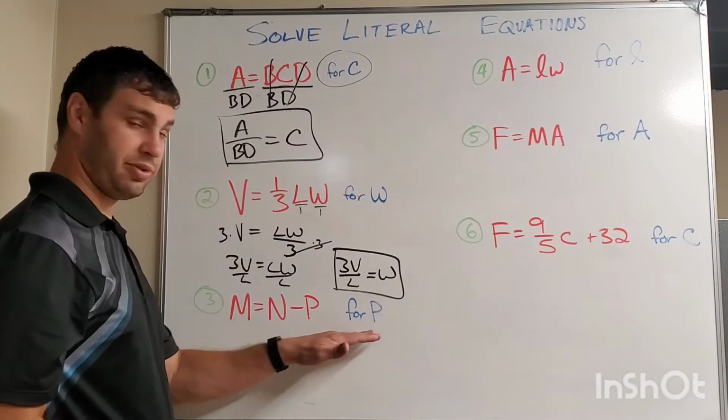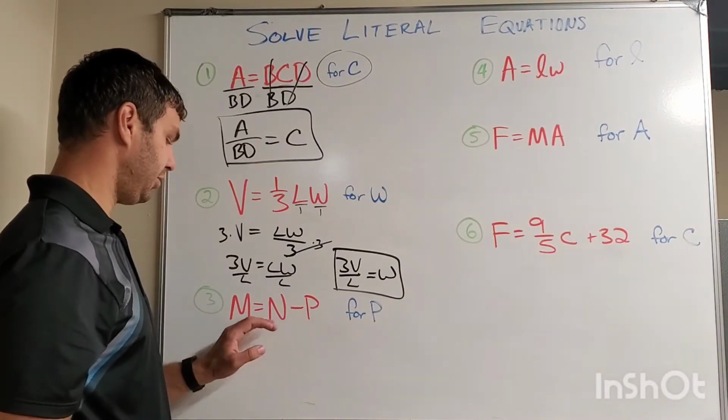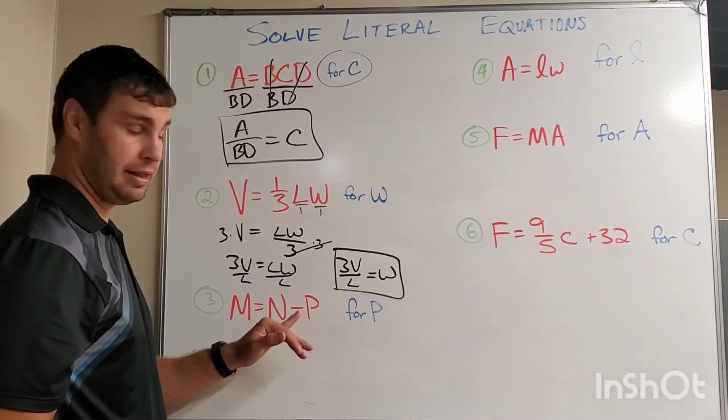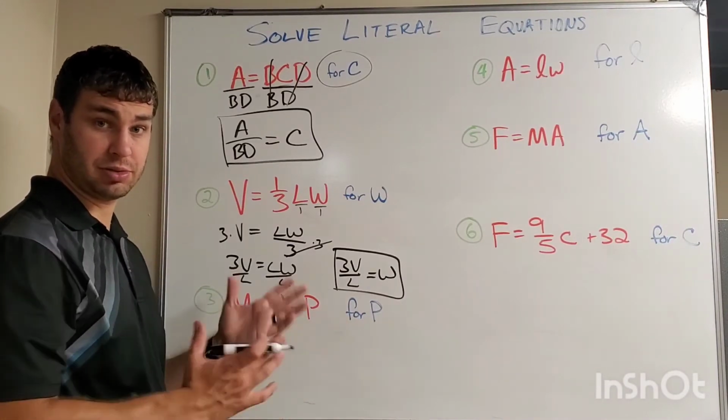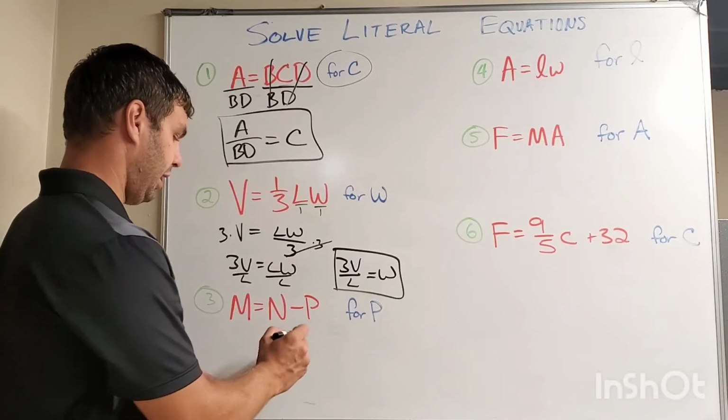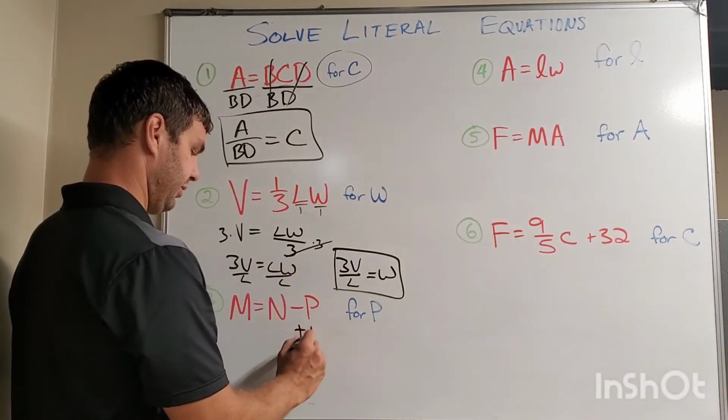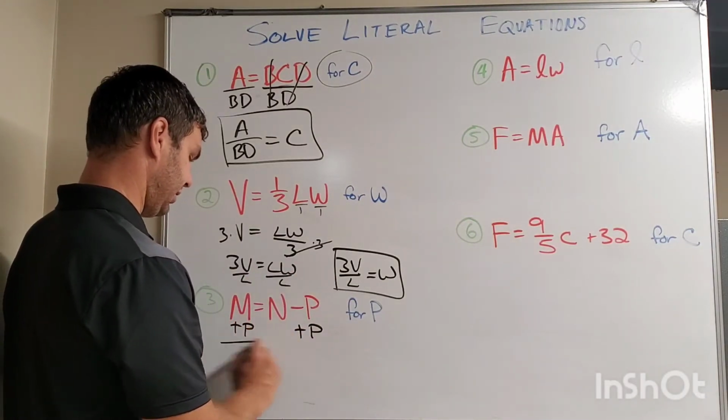Number 3, solve for P in this case. We have M equals N minus P. Whenever you have a negative letter that you're trying to solve for, this works with normal equations as well, I like to move that over and make it positive. So here I'm going to add P to both sides.